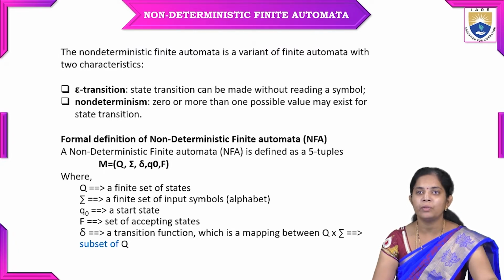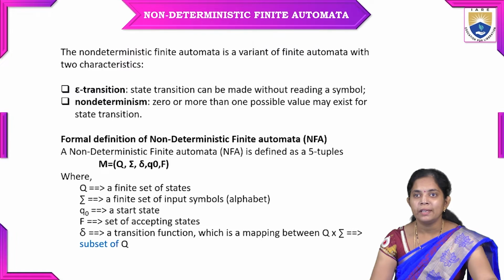In between, we add some intermediate states. F is the set of final, accepting states, and delta is the transition function mapping between Q and sigma. These are the things in the five-tuple notation.